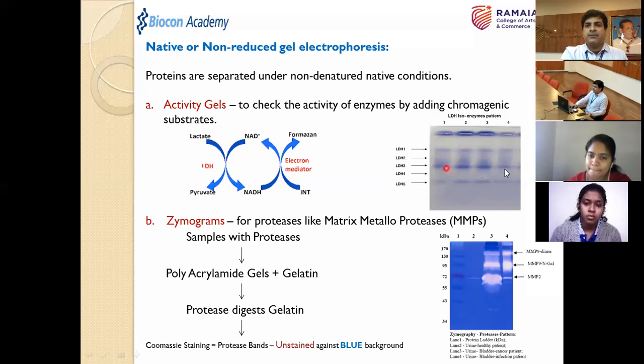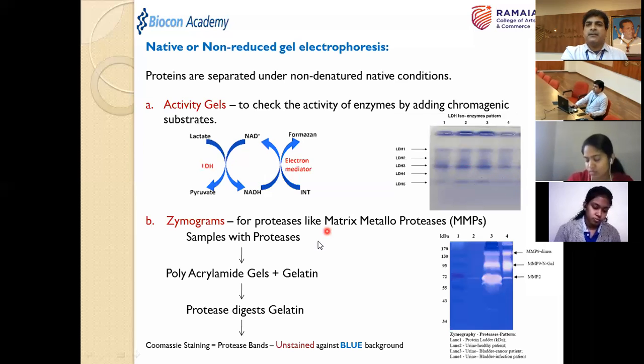And this is how you see the formazan insoluble precipitate form the band. That's how you can now see the different isozymes of lactate dehydrogenase. This technique is called the activity gel, which is a native gel electrophoresis technique.